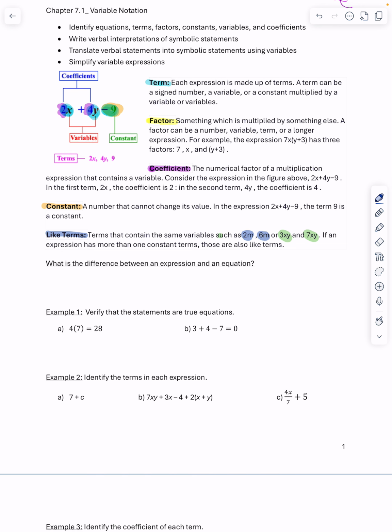Okay. So this first question is, what's the difference between an expression and an equation?